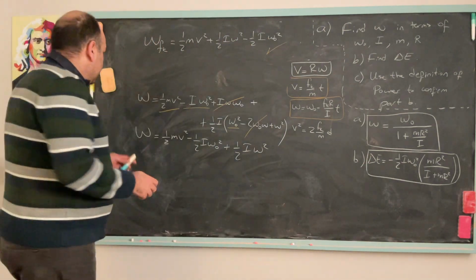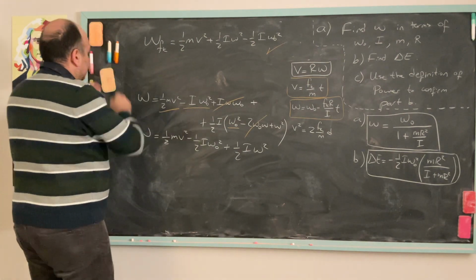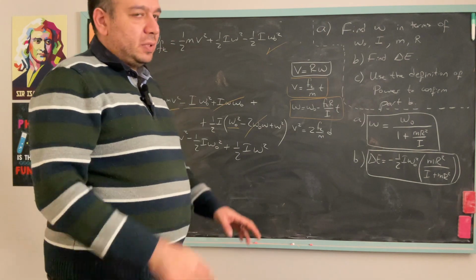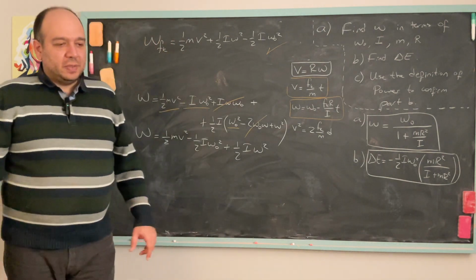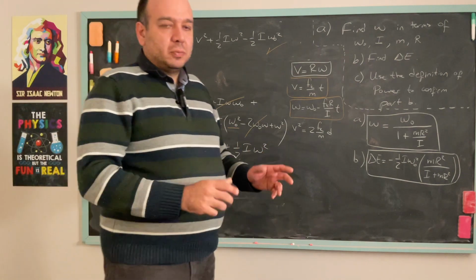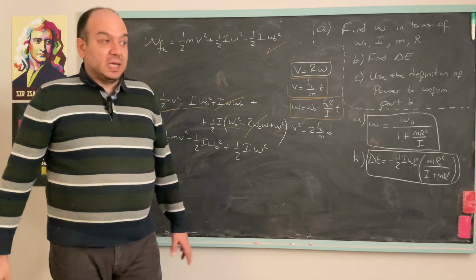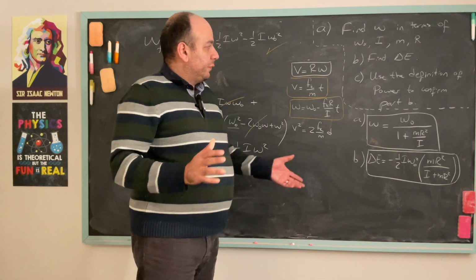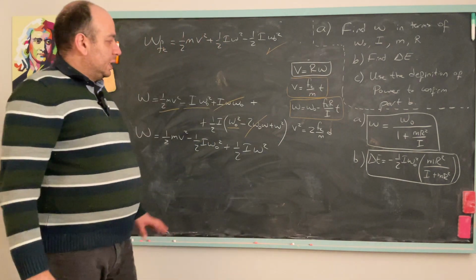I think this problem was so nice to see when we can use a equals R times alpha, and when we cannot use it. This was the difference between rolling motion with slipping and rolling motion without slipping. People usually get confused with it, but it is not that hard.